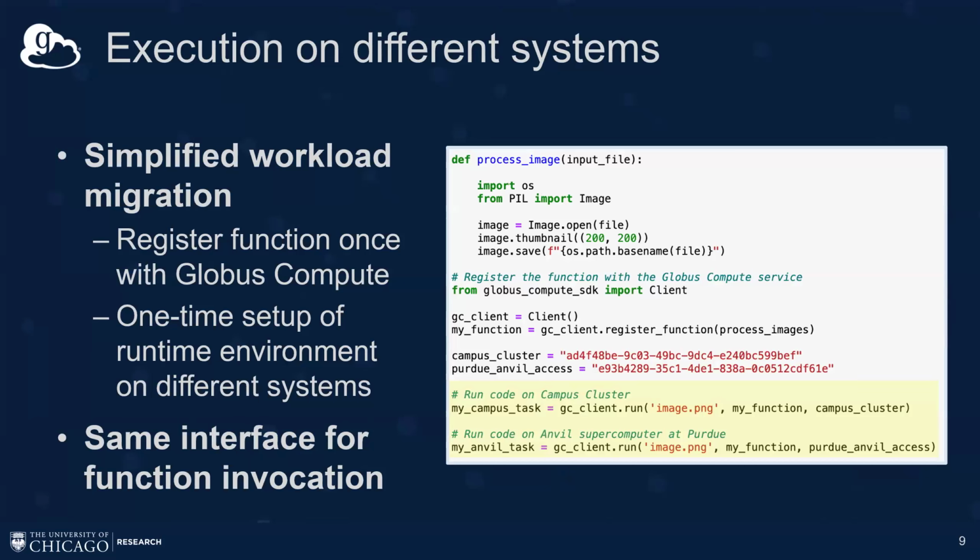And the huge advantage is it simplifies the execution on different systems. You have access to, again, your laptop, your cluster machine, campus cluster, leadership class machine, ACCESS resource, anything. Everything in Globus is a UUID, right? So yes, there is a compute endpoint on the campus.